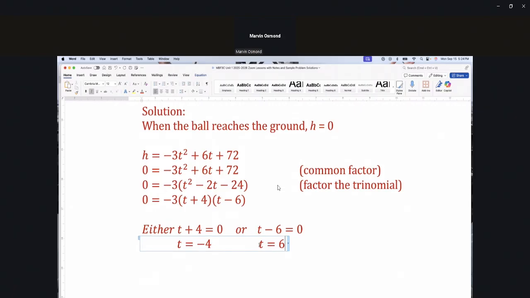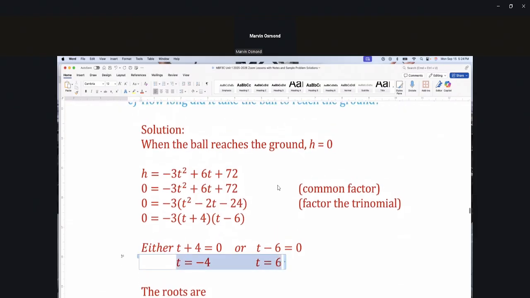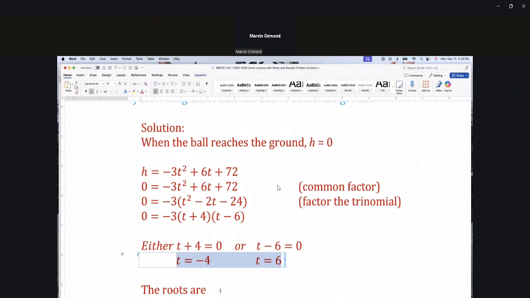Now, in some situations, and this is one of them, the roots are t equals -4 and t equals +6.